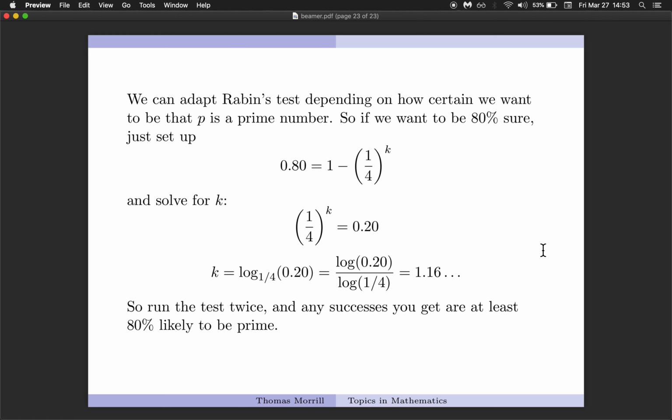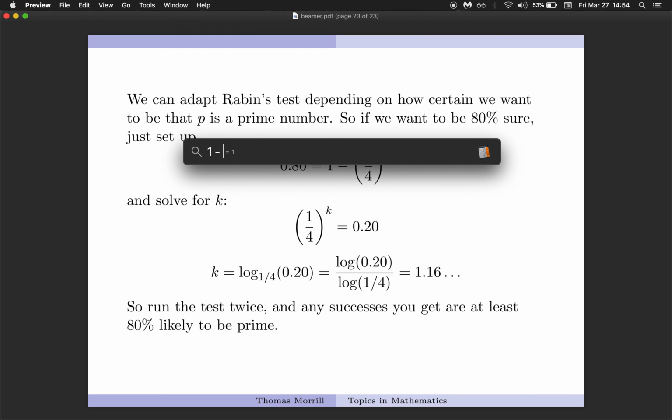Remember, if I did one round of Miller's test, I've got 75% confidence, so this formula is telling me I don't even need a whole second test to get the confidence that I want. But since I can't do fractional tests, I gotta run at least 2 tests. 2 successes, and I'll be guaranteed at least 80% chance that I've got a prime number on my hands.